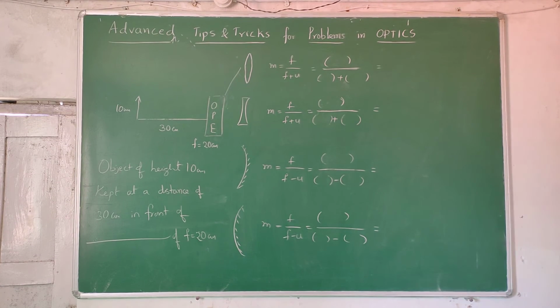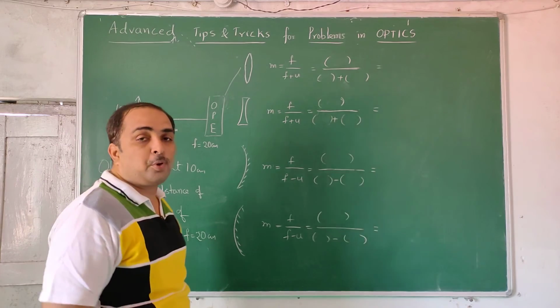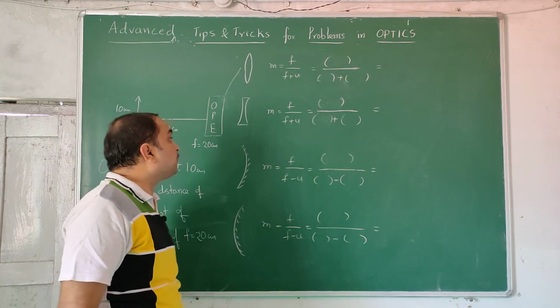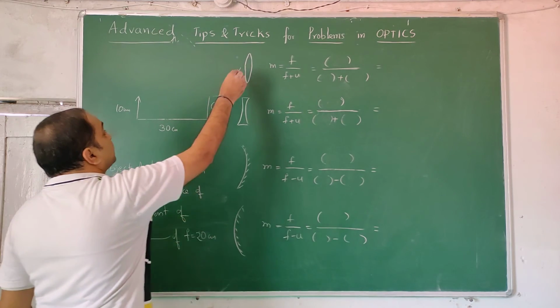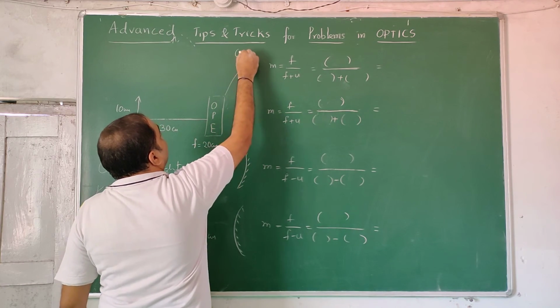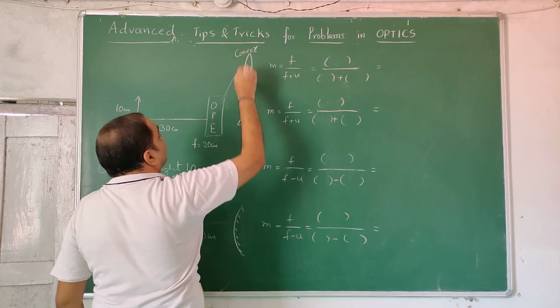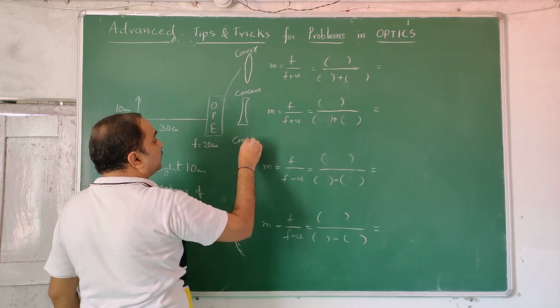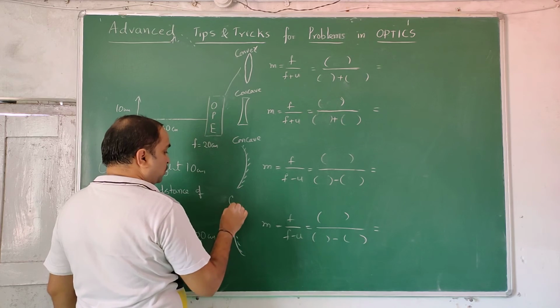See students, this is a very good problem, in the sense that everybody has to understand the difference between each of the optical elements. So this is a convex lens, this is a concave lens, this is a concave mirror, this is a convex mirror.